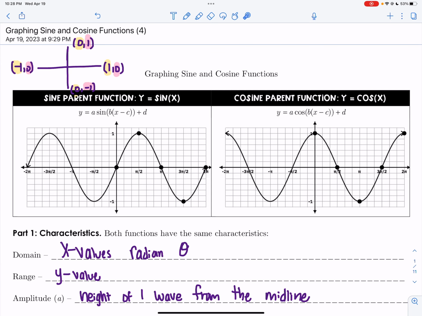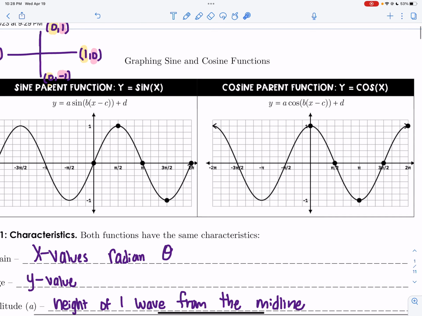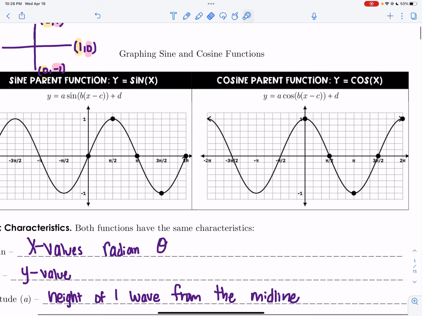And then at 3 pi over 2, I have 0, my midline. And then at 2 pi or 0 again, I start repeating myself and I'm back at 1. So for my cosine function, I start high, then go mid, then low, then mid, then high.